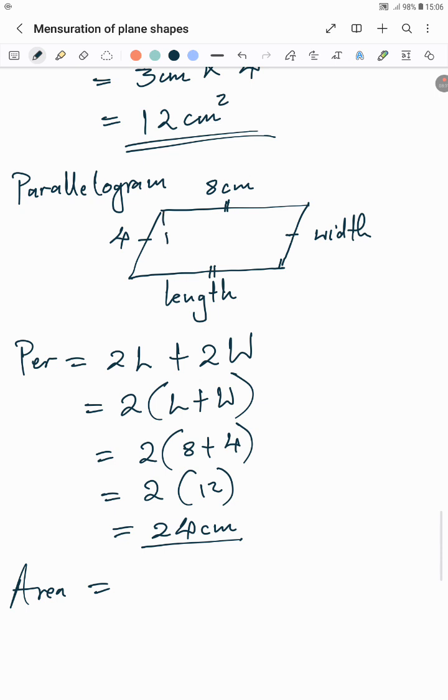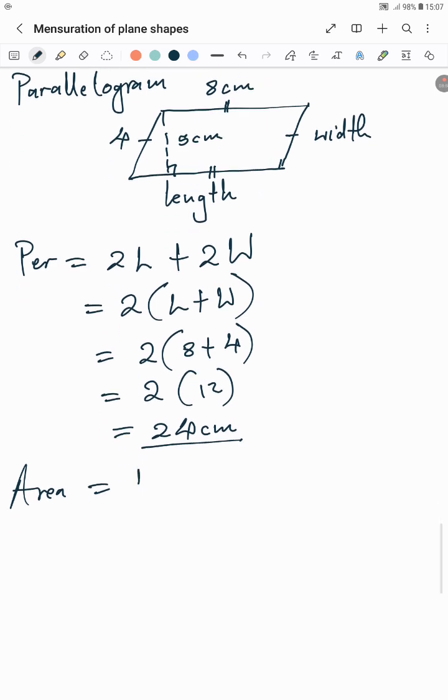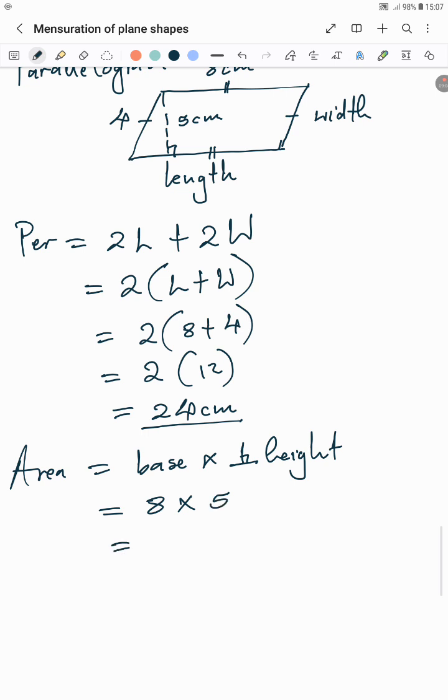you find it using a perpendicular height here. So if the perpendicular height is equal to, let's say, 5 centimeters, here we say base times perpendicular height, and the base is equal to 8 and the perpendicular height is equal to 5, and your area will be equal to 40 square centimeters.